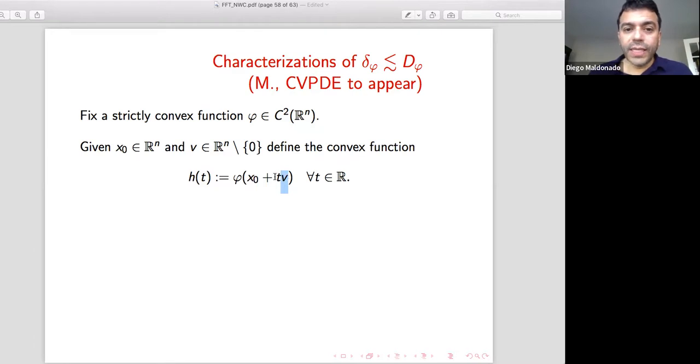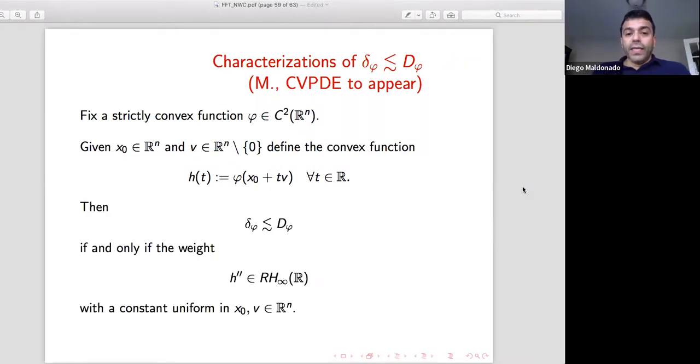And then t is going to be my variable. The restriction of phi to this line, with parameter t now, I'm going to call h. Clearly, h depends on x naught and v. So I have now that h is one-dimensional. It's a strictly convex function.